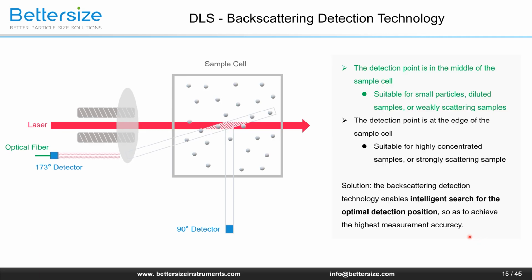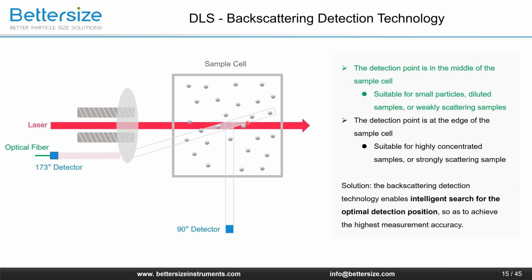On the basis of DLS, a state-of-the-art technology has been developed and employed by the BeNano 180 Zeta Pro, which is called backscattering detection. Instead of the 90-degree detection, an advanced 173-degree detection with a movable detection point is used through the backscattering optics.